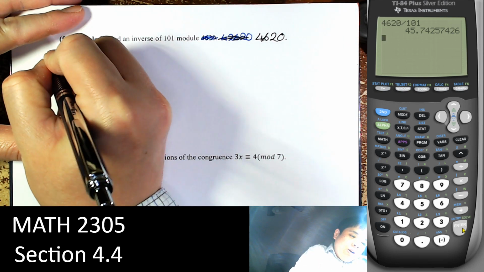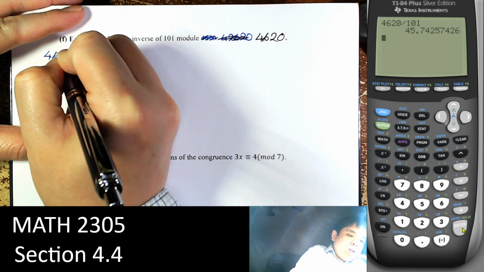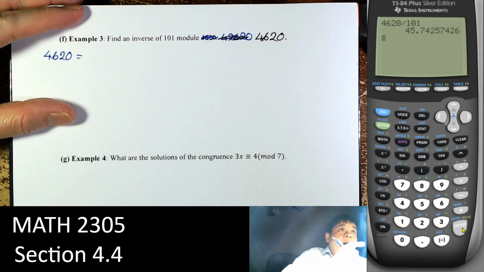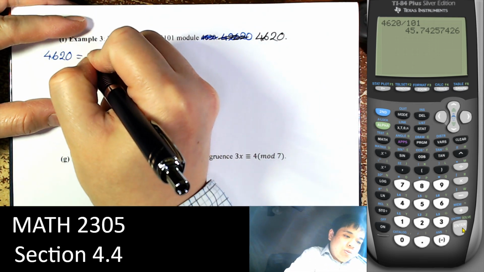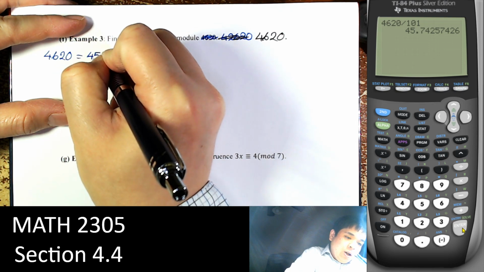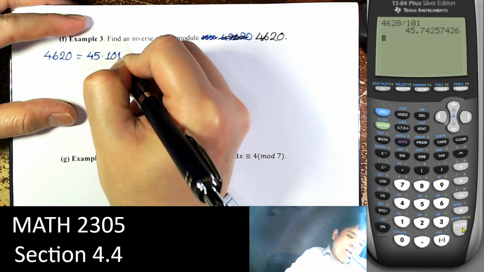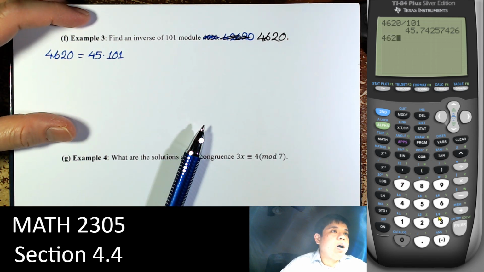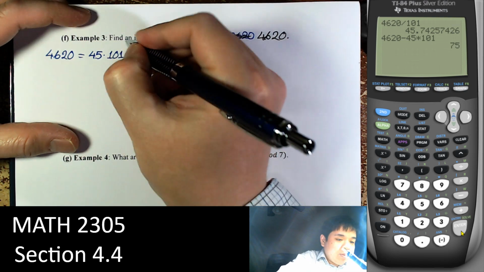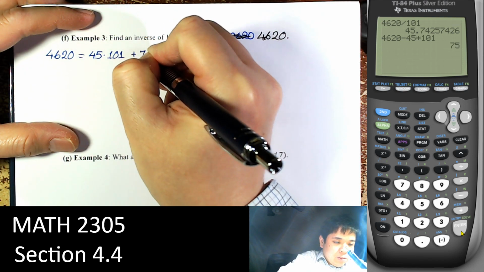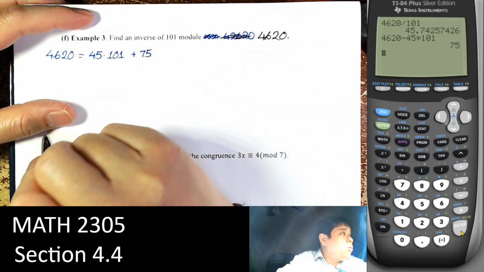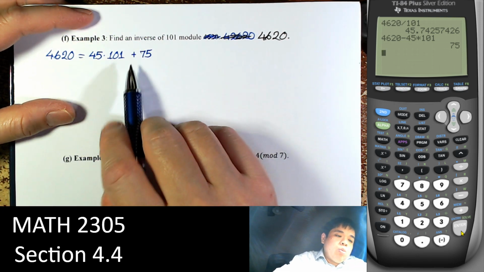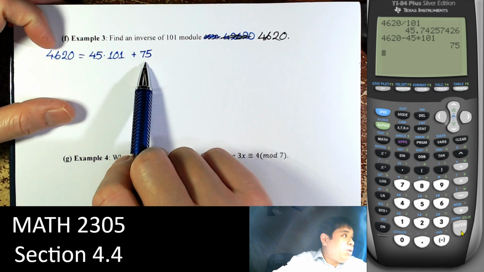So we start with 4620 equal to 45 as the quotient times the divisor 101, and we just need to get the remainder. So 4620 minus 45 times 101 gives 75. Next we go with 101 and 75.